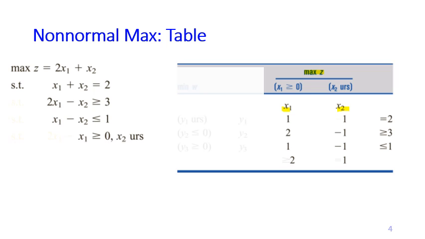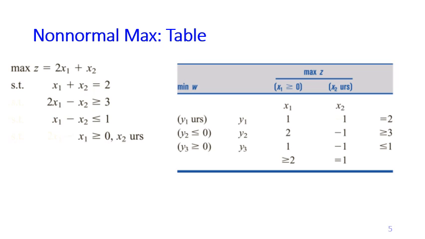We write down the constraints for each row, and for the objective function coefficients, we put them at the bottom of the table. This is 2 and 1, so 2x1 plus 1x2, and then we put the sign restrictions above the names of the variables. So this is our primal LP.